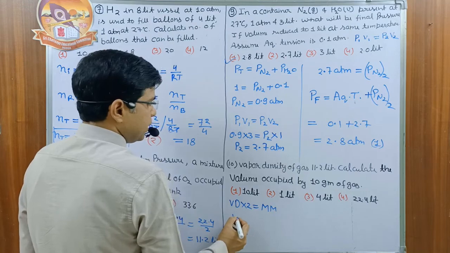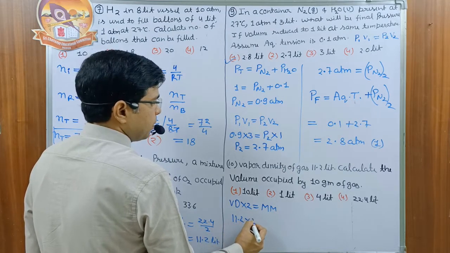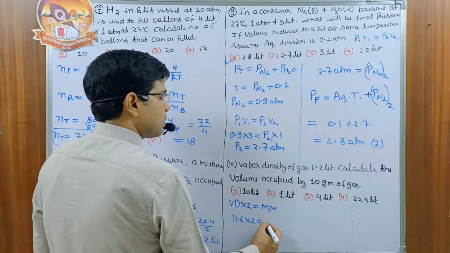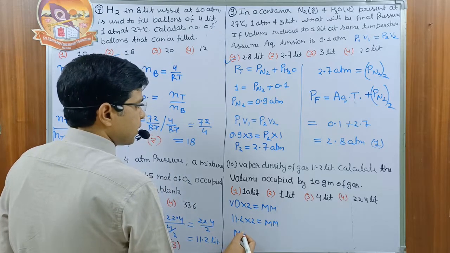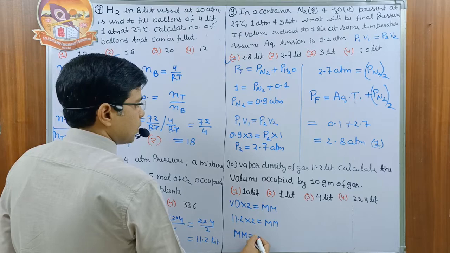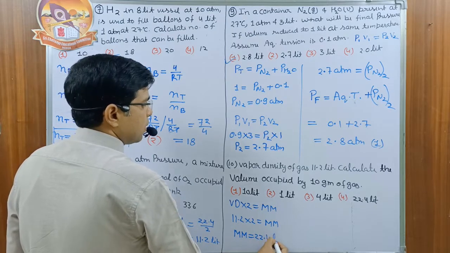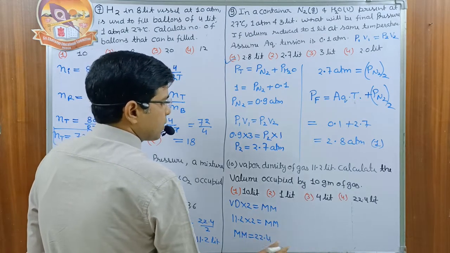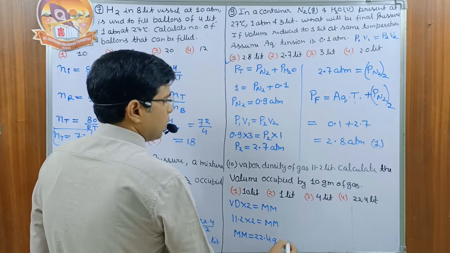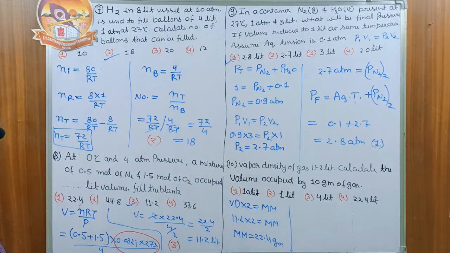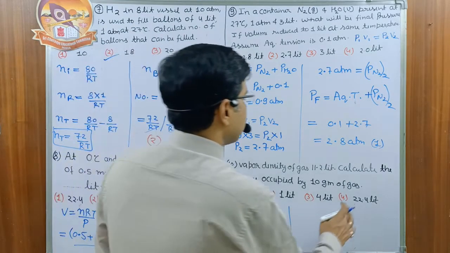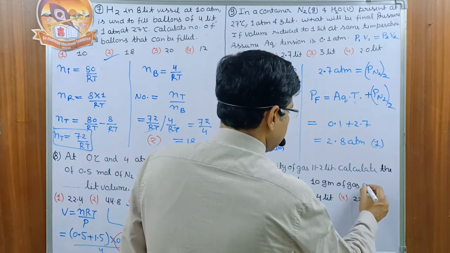Vapor density 11.2 multiplied by 2 is equal to molar mass, and molar mass of the gas becomes 22.4 gram. Calculate the volume occupied. One thing more is given here: at STP.